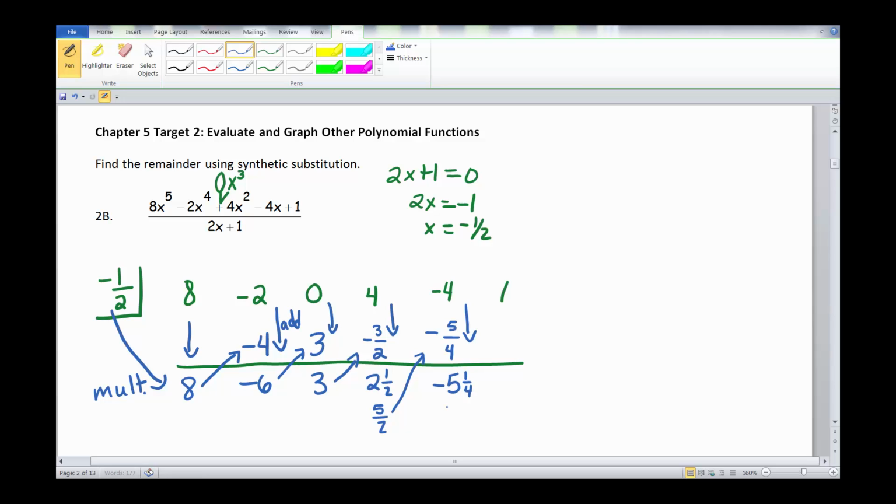But again, converting that to an improper fraction, that would come out to be negative 21/4. And then again, multiplying that number in the box by this number, it comes out to be positive 21/8. Adding going down, we end up with 29/8.